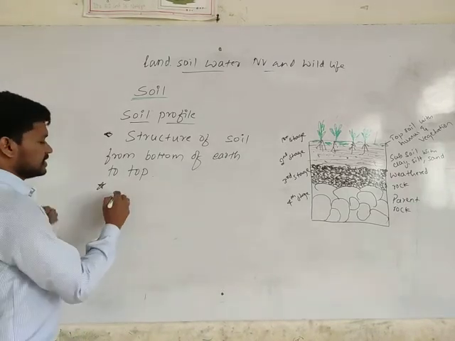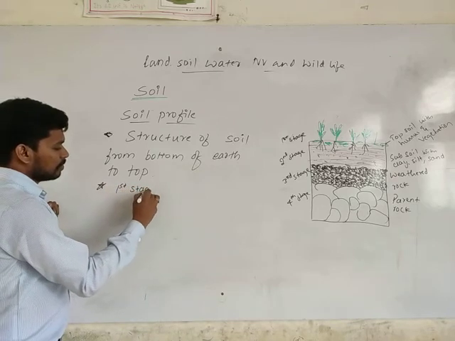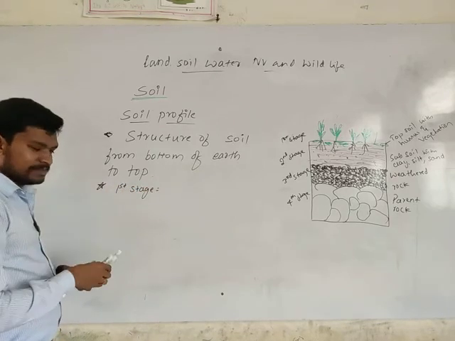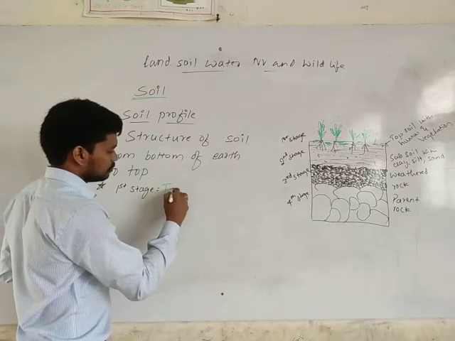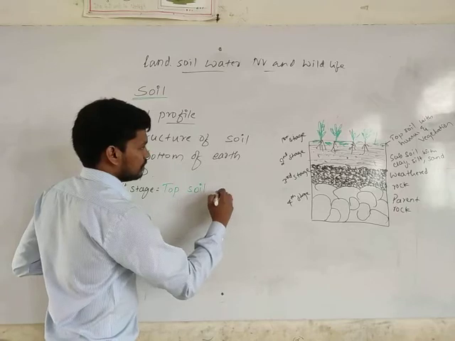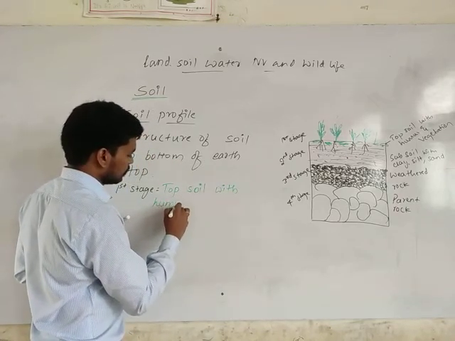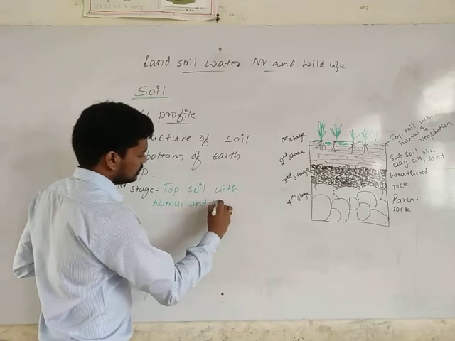The first stage is the topsoil, with humus and vegetation.